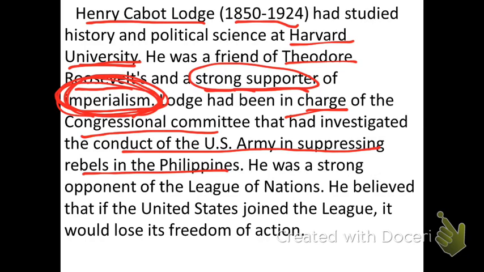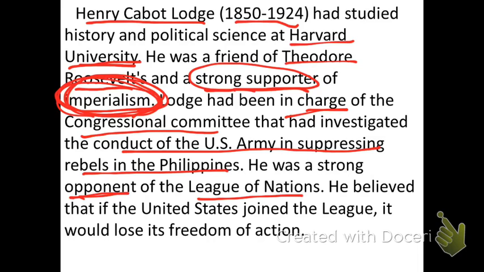So he's not one of those stick-your-head-in-the-sand kind of people who felt that we should remain neutral, we should remain isolationist. But he was a strong opponent of the League of Nations. Why?